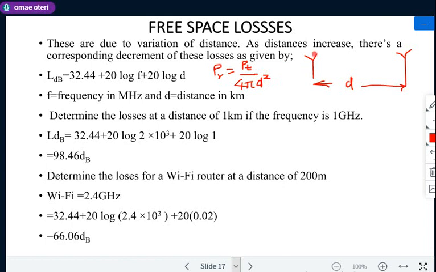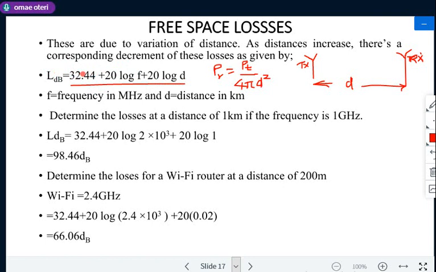When you incorporate the properties of the antennas we have in the transmitter and the receiver, and the frequency of transmission, you are going to have the effect of distance, the effect of frequency, and also the effect of obstacles. But when you are looking at free space where there are no obstacles completely, this will be what we have as the losses. I wouldn't want to derive this equation because at the moment we just need to know how we use it. So these are what we call the free space losses.